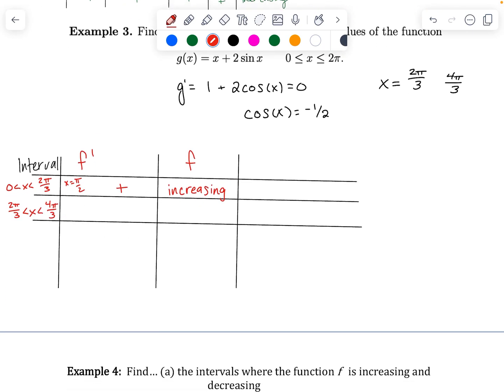If I plug in, well, between 2 pi over 3 and 4 pi over 3, if I plug in pi, what if I say x equals pi? Well, if I just say x equals pi, that's 3 pi over 3, which is somewhere in the middle. Then what's going to happen is I'm going to get a negative value for f prime.